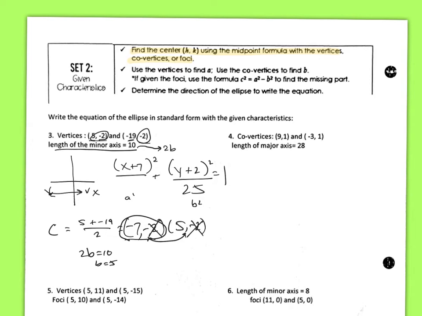We're trying to go from -7 to 5. -7 to 0 would be 7, and from 0 to 5 would be 5 more. So the distance between these 2 points is 12, and this is c. Now, c is not in the equation, but we can use c squared equals a squared minus b squared to figure that out. So 144 is equal to a squared minus 25. Add 25, and we get 169 underneath that x.